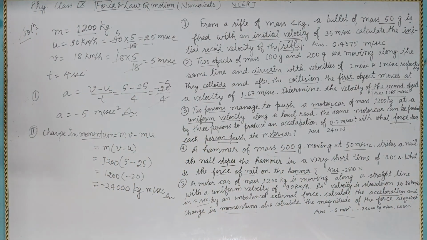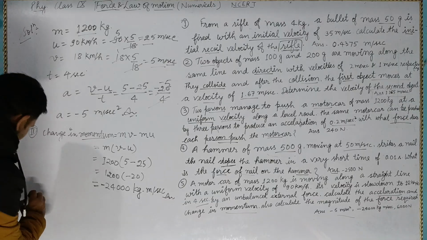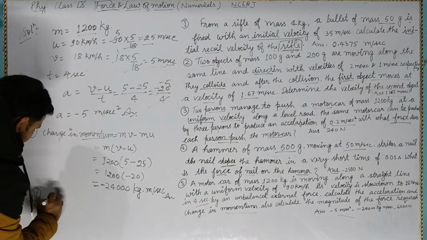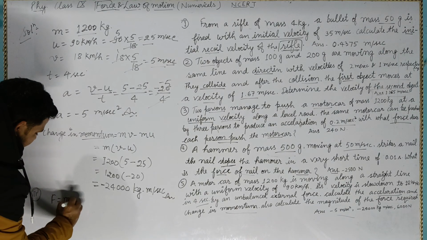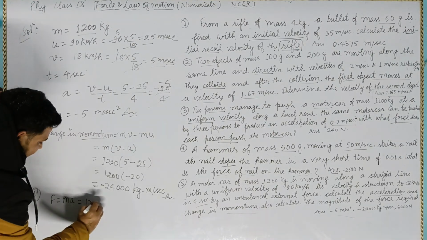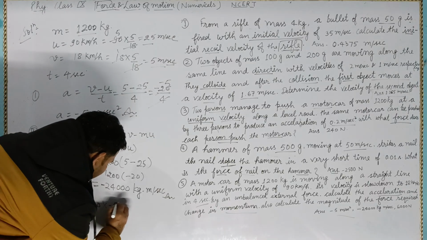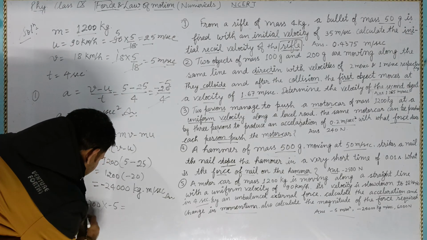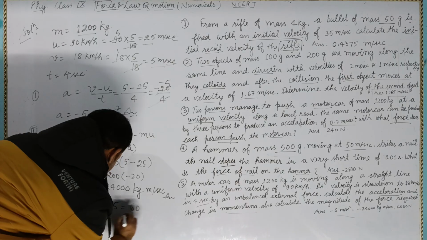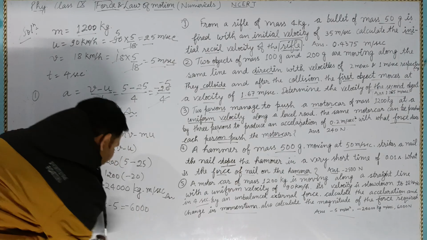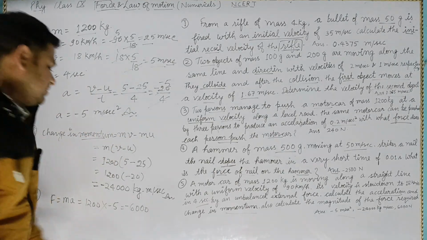We know that F equal to m a. Mass is 1200 and acceleration is minus 5, so the force is minus 6000 Newton.